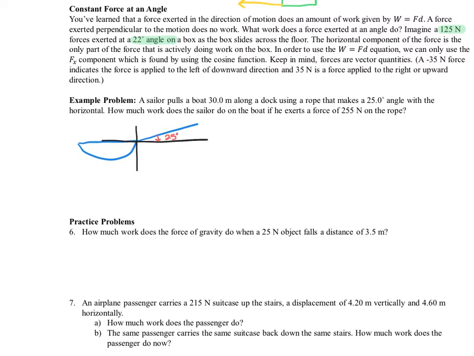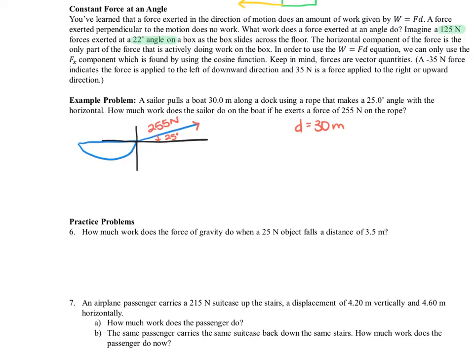So there's 25 degrees. Our distance is 30 meters, and the force exerted on the rope is 255 newtons. Again, we're not going to use that whole force. We only want the x component of that force.